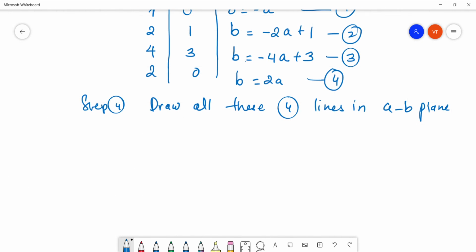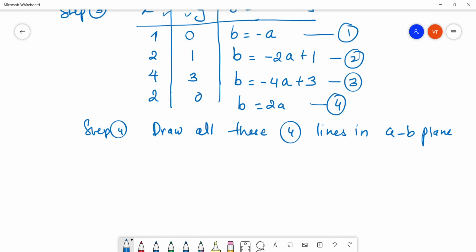After drawing, you can just use graph paper and draw all these lines. How will you draw? Suppose I want to draw the line b equal to minus a.